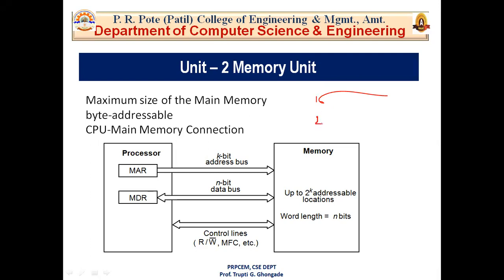We calculate it by using 2 raised to the power 16. So it is 64K. You can calculate it also. So a 16-bit memory address means that there are 64K memory locations in your system.